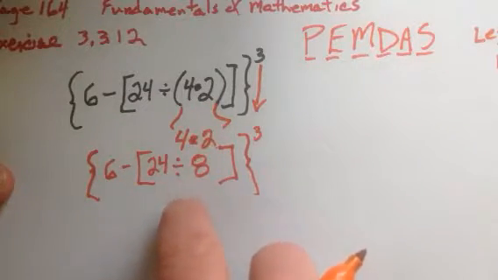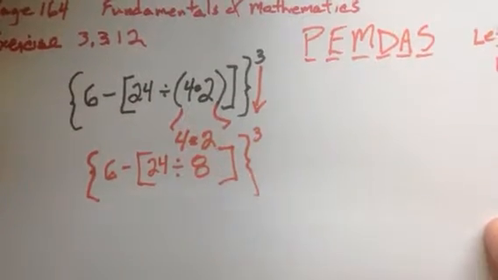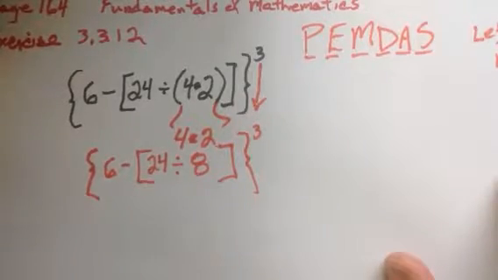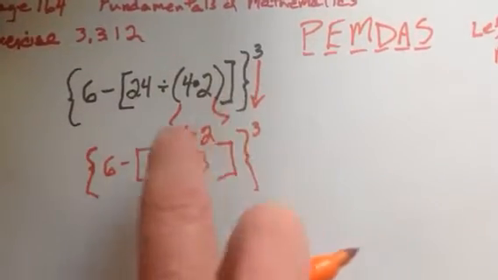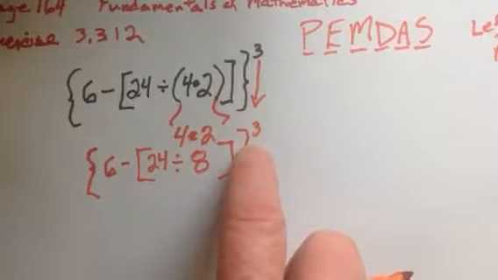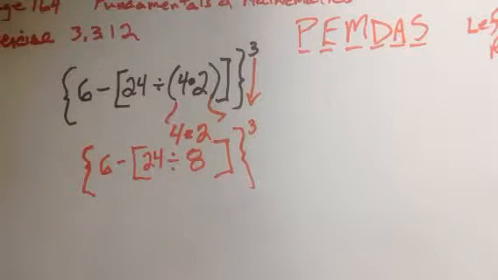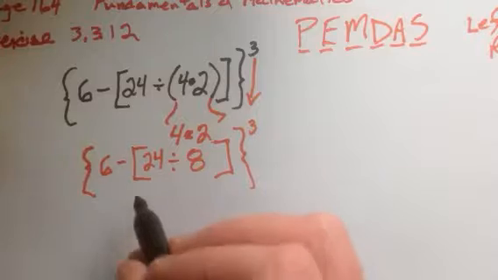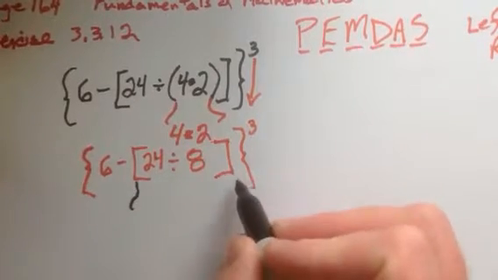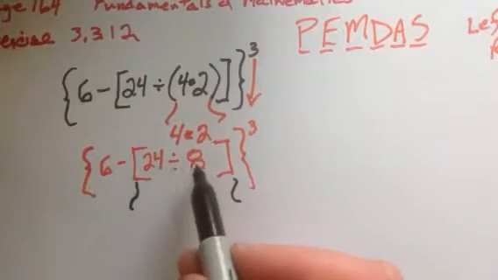But even during my master's degree, when I was doing a lot of mathematics, I tended to make careless mistakes like not copying down the 3, which will give you the wrong answer for sure. So I'm just encouraging you to try to take every step as you're refreshing your memory about how to attack these problems. Now we work inside these brackets, and we have 24 divided by 8.